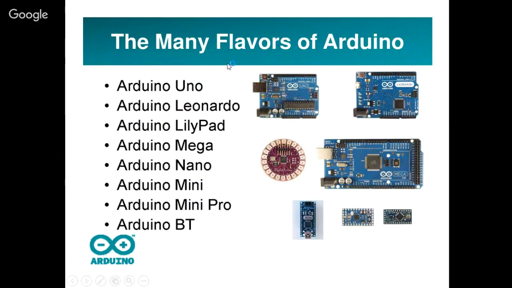There are many Arduino boards in the market. You can see the Arduino Uno, Arduino Leonardo, Lilypad, Mega, Nano, Mini, Mini Pro, BT. These depend on which application you want to make. If you want many more inputs and outputs, more analog input sensors, then you can use the Arduino Mega. At the basic level, where you want to start, is the Arduino Uno.